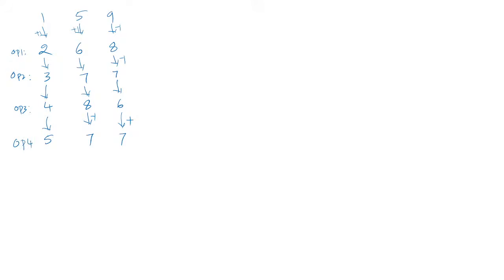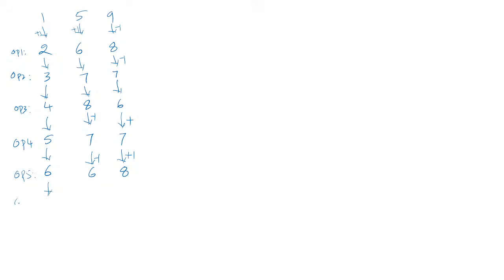Then I increment this by 1, it becomes 6, I decrement this by 1, this becomes 6, then I increment this by 1, it becomes 8. This is operation 5 here.